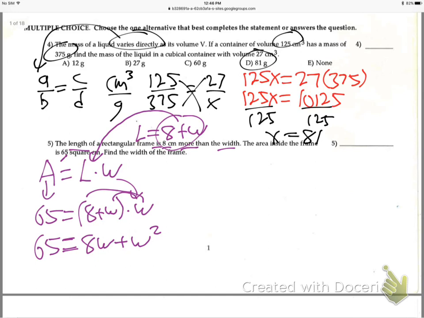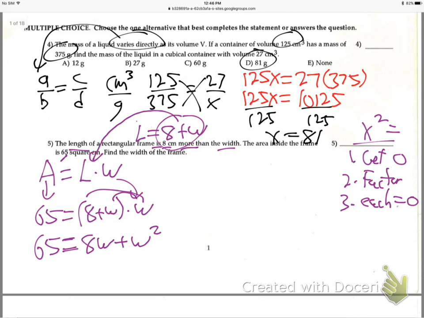Now that W squared has showed up, what's the thought in your mind? Get a 0. Good. As soon as the sea monster, W squared, has showed up on the sea, when the sea monster rears its ugly head, you think, get a 0. So as you see W squared with an equals, or any letter, X squared with an equals: step 1, get a 0. Step 2, factor. Step 3, each one equals 0.